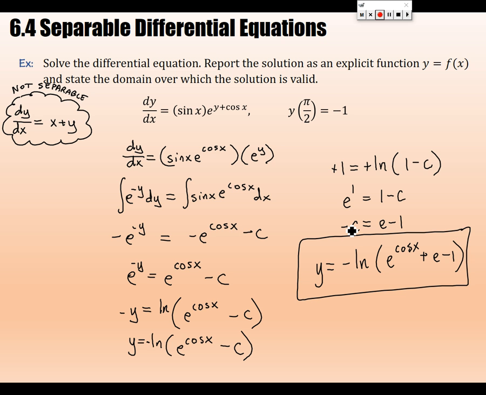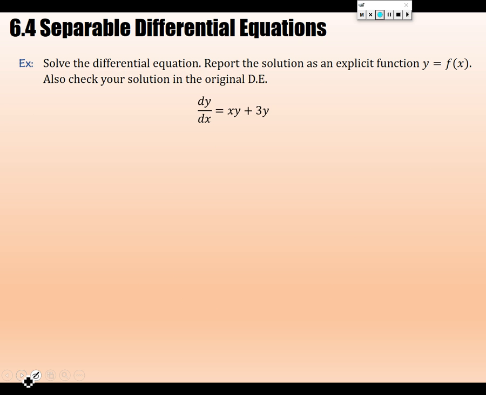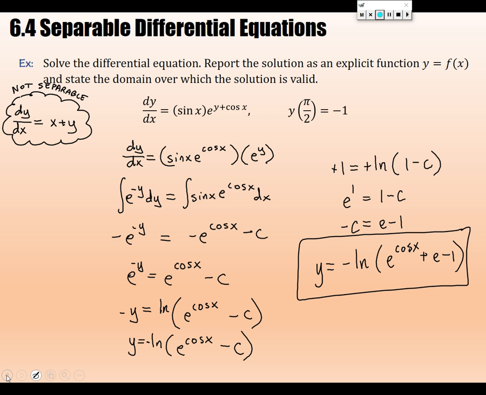It does ask again for the domain of validity. I think in this case it's actually somewhat complicated. I wrote it down somewhere, but it's not nice. Does that always end up being positive in there? Certainly the natural log function would be undefined if this was ever negative.